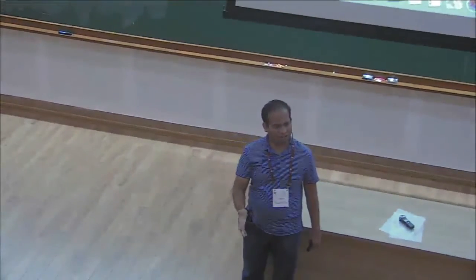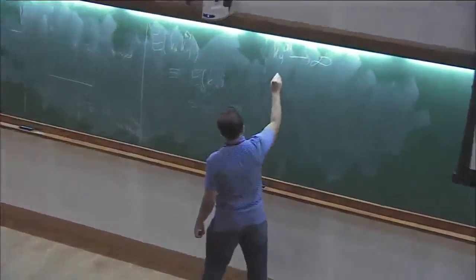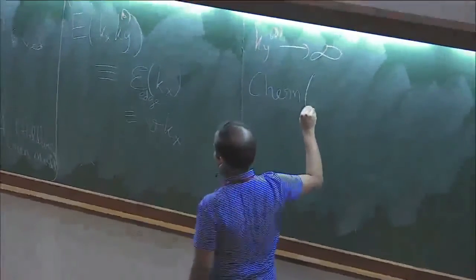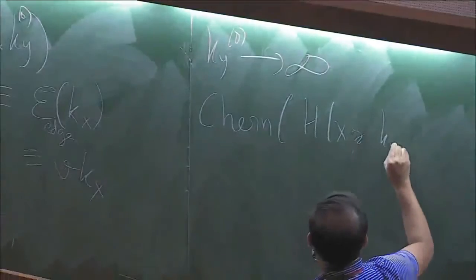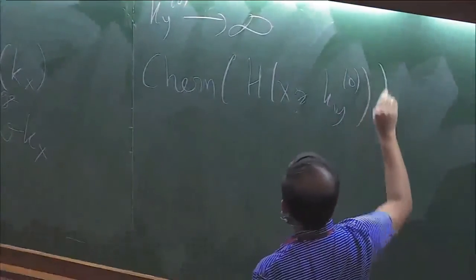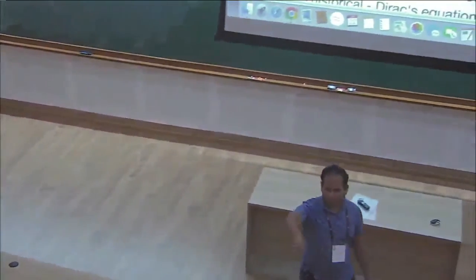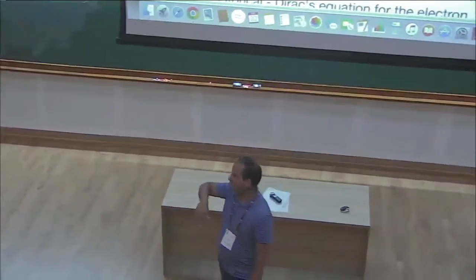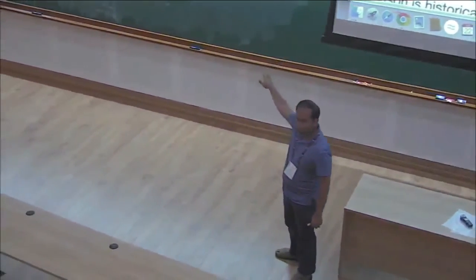At least intuitively, I should have no electrons at very high momenta, which means that the Chern number for this h x z at ky 0 should be equal to 0. So at very high momenta, positive or negative, I have no occupied electrons, and occupied electrons are what allow me to have edge states. So I should really just have zero Chern number.